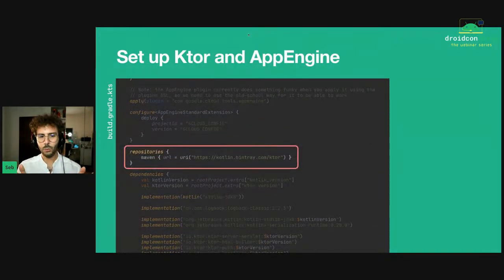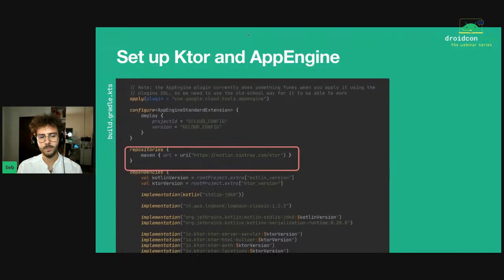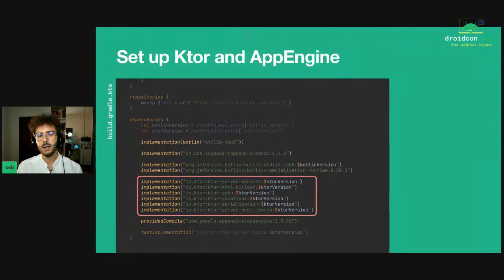Next up, we need to make sure that we have the Ktor repository defined in our build. It is not available on Maven Central, so we need to define the specific dependency repository there, so Gradle knows where to get it. Next up, we define the actual Ktor dependencies. There's a bunch of them, as you can see.